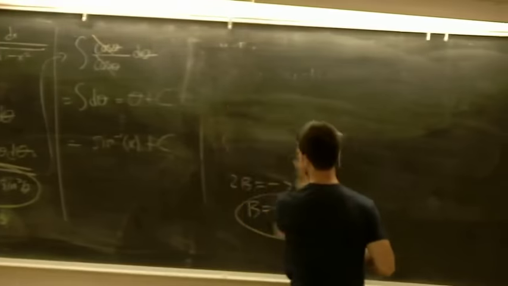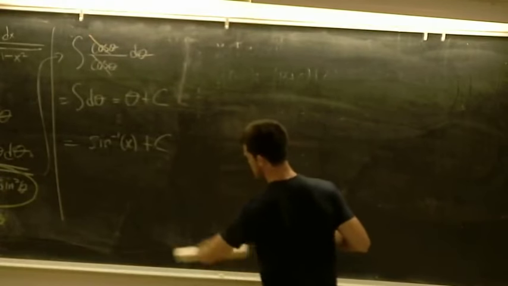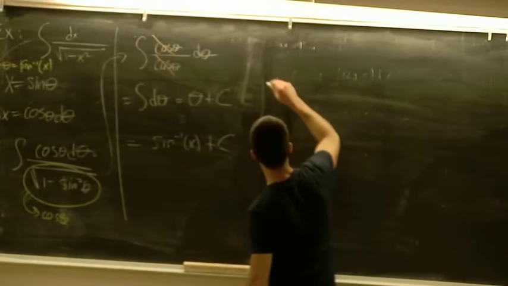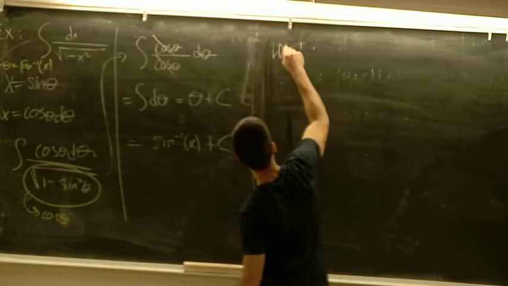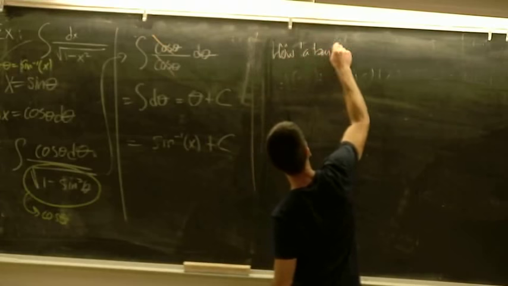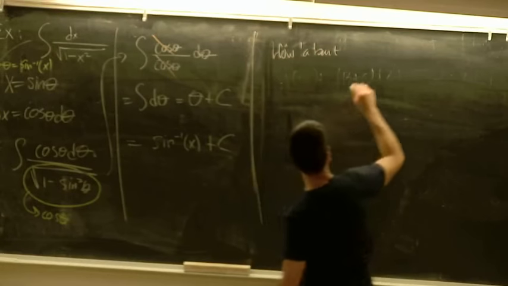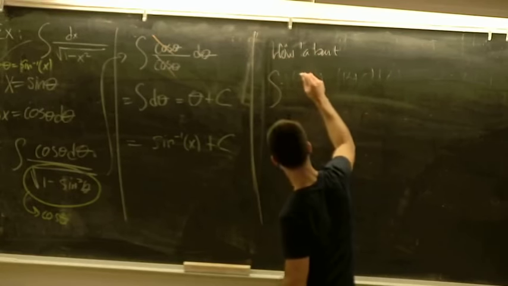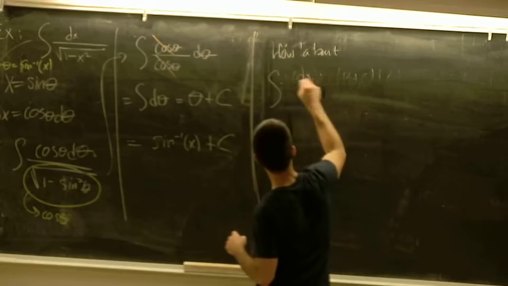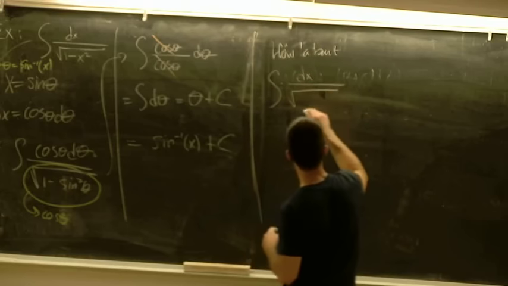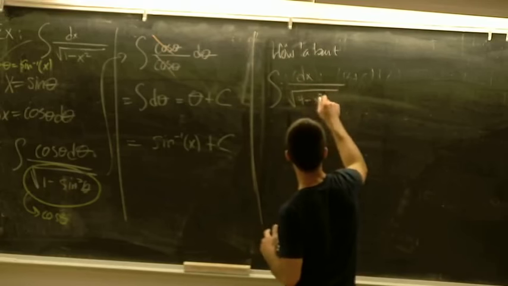Now, what I wanted to then point out is what to do when the number is not 1. So how about the integral dx over the square root of 4 minus x squared?